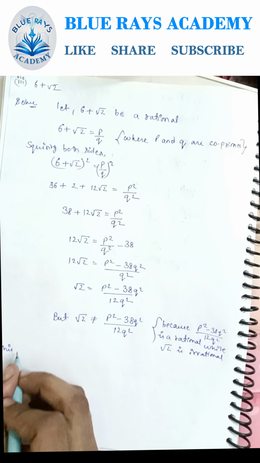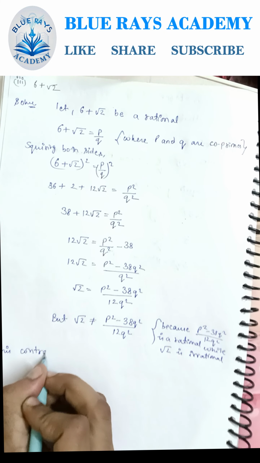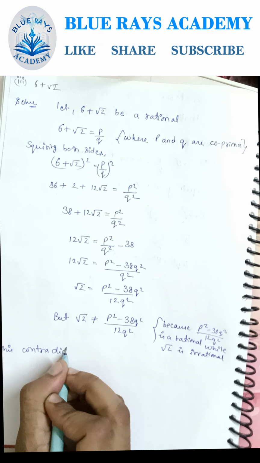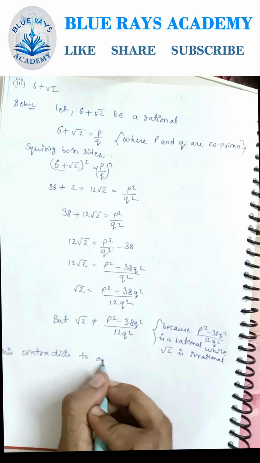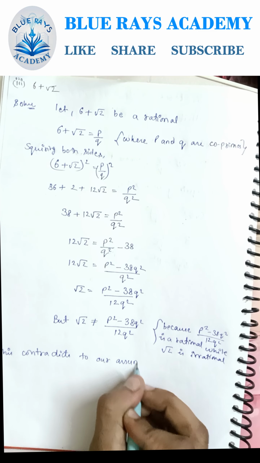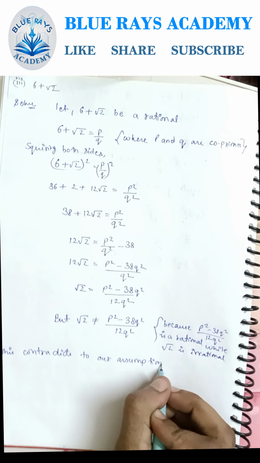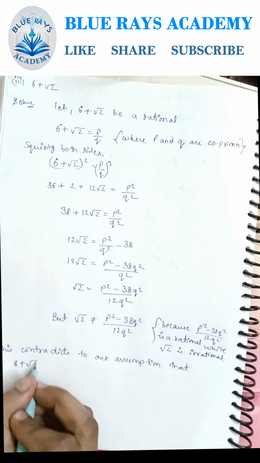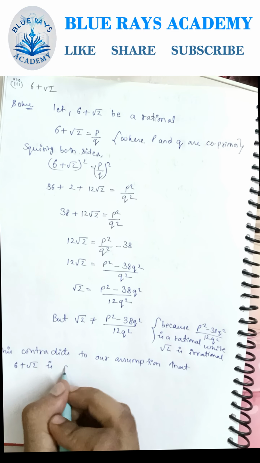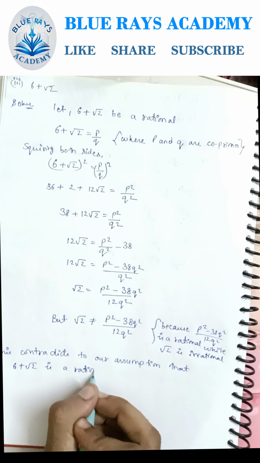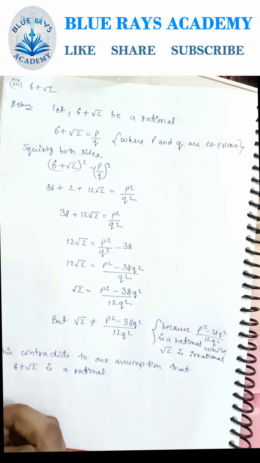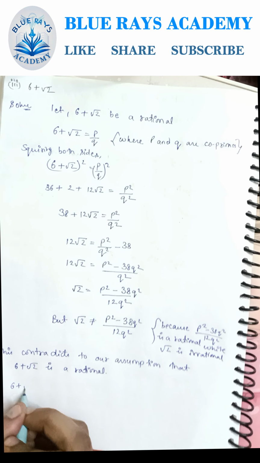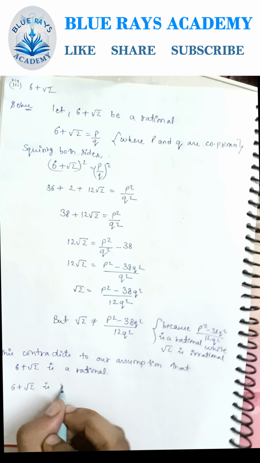This contradicts our assumption that 6 plus root 2 is rational. Therefore, 6 plus root 2 is irrational.